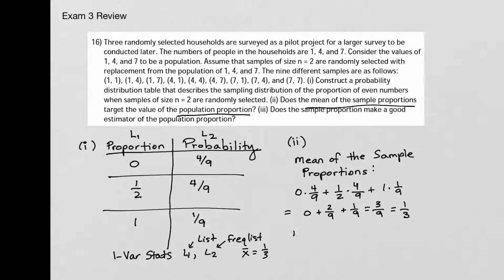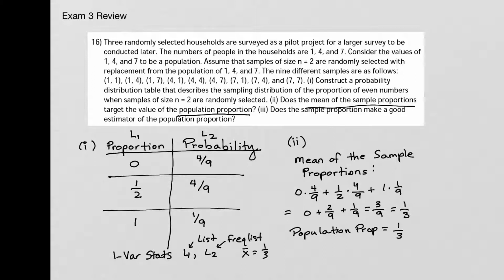Now I want to know what is the population proportion. And that's a lot easier to calculate. We have the numbers 1, 4, and 7. That's our population. What proportion of those numbers are even numbers? The only one that's even is 4, out of the 3 numbers, so it's 1 over 3.